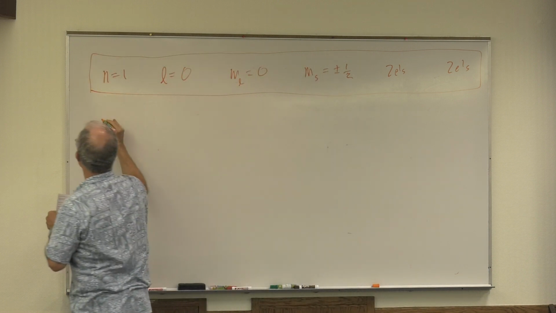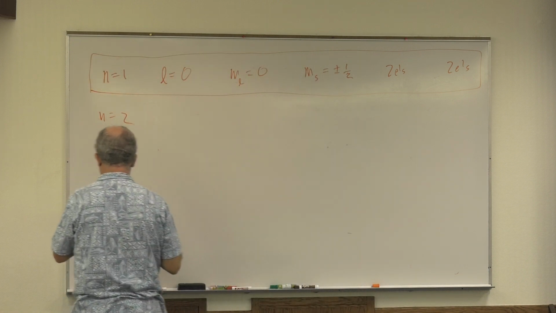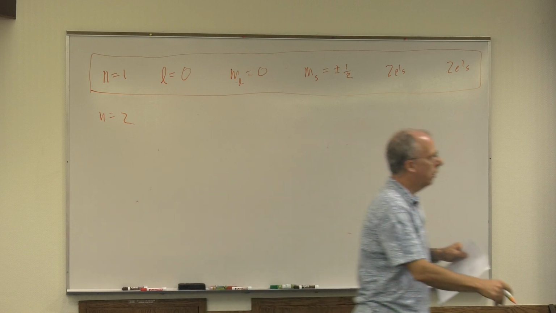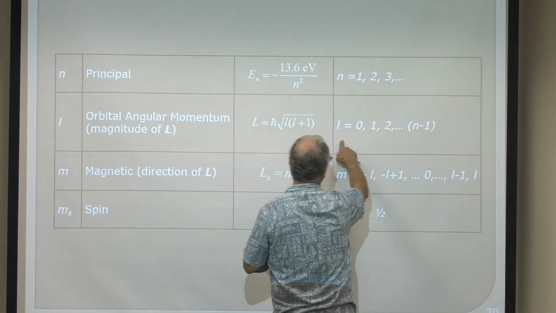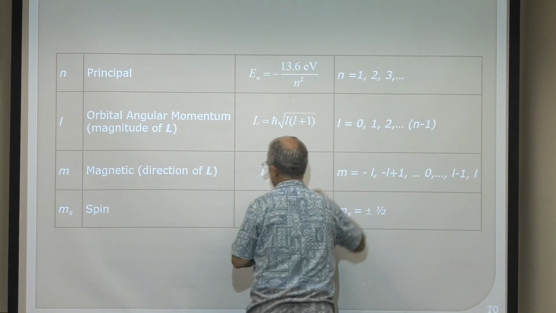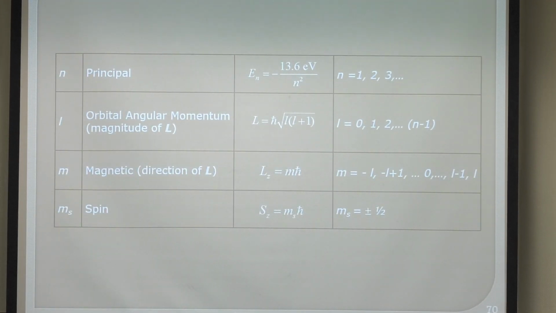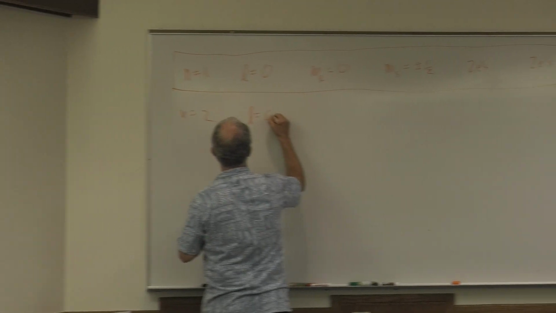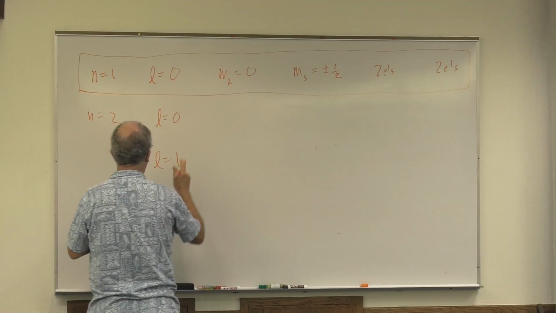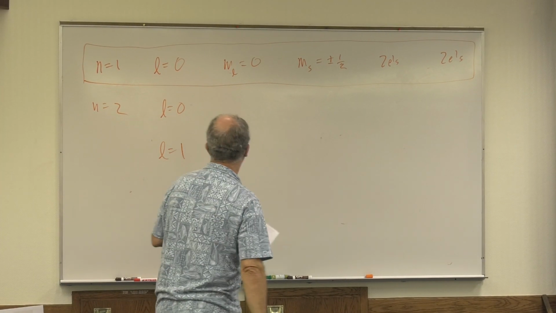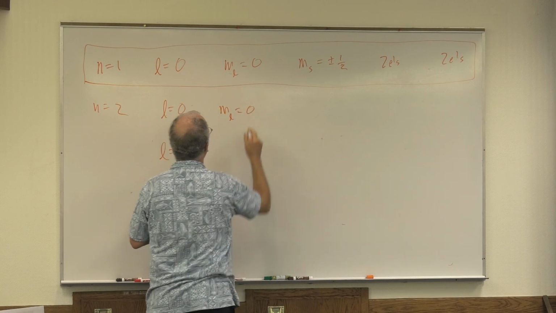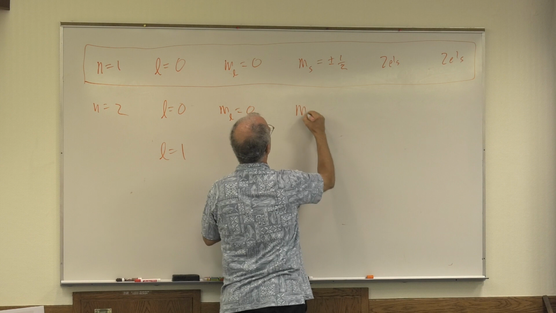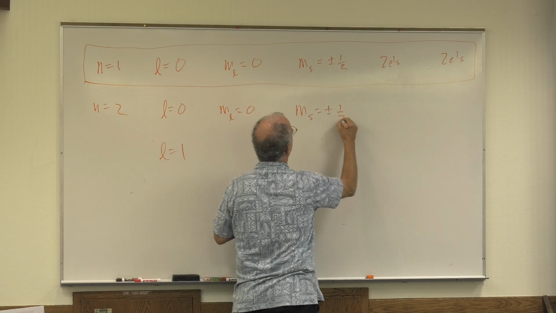Now let's do n equals 2. What are the possible values of L? Since n is 2, we can only have 0 and 1. So we have L equals 0 and L equals 1. If we have L equals 0, M sub L can only be 0, and MS is always plus or minus a half.